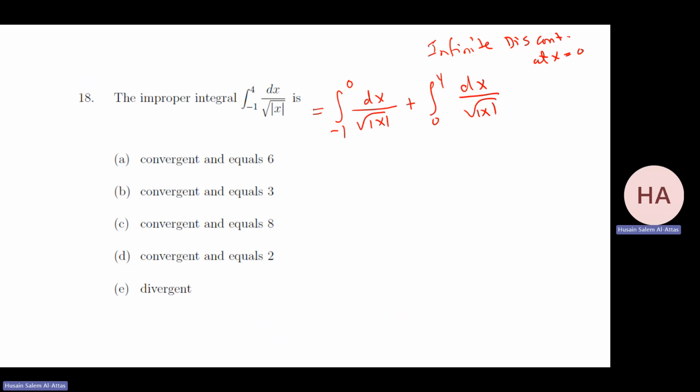Let me do the first one. From -1 to 0, be careful, x is negative, so the absolute value is minus x. So that will be the integral from -1 to 0 of dx over square root of minus x.